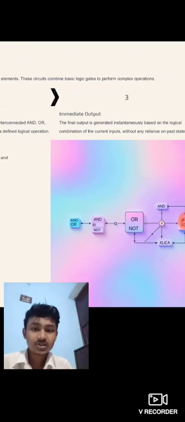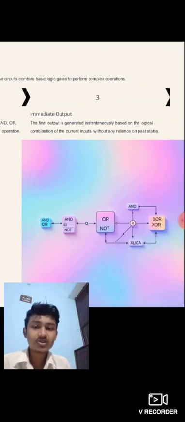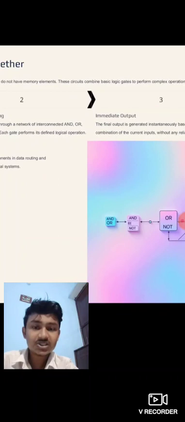Immediate outputs. The final output is generated based on the logic gates' combination of its current inputs, without any reliance on past states.